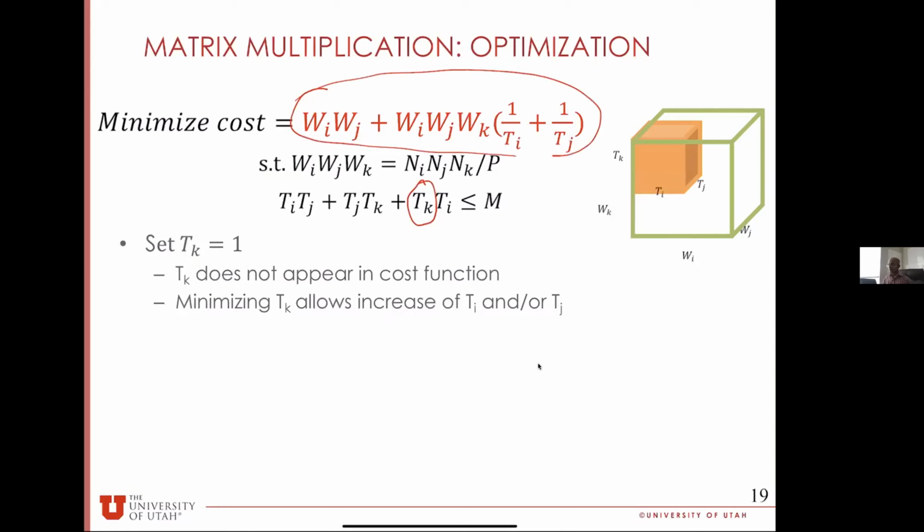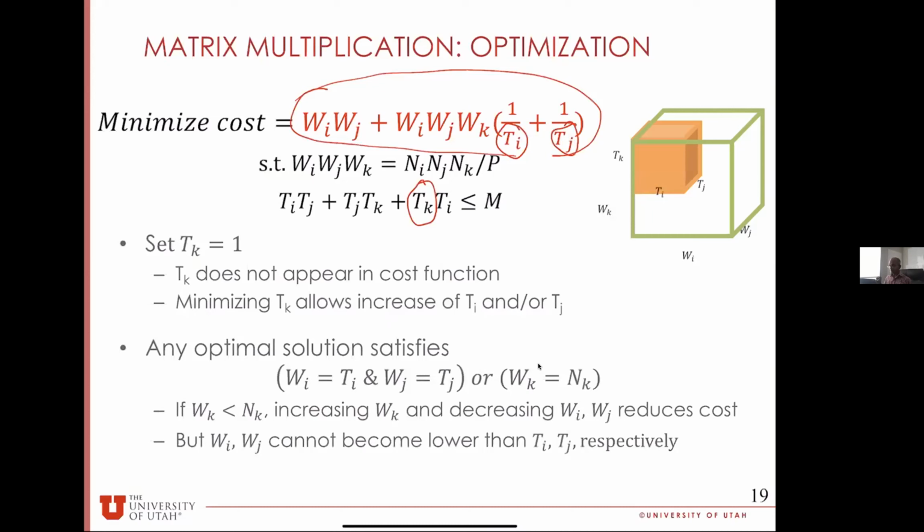Since it constrains the values of Ti and Tj, which we want to maximize to minimize this function, we should set Tk equal to 1. So now we have reduced from 6 variables to 5 variables.